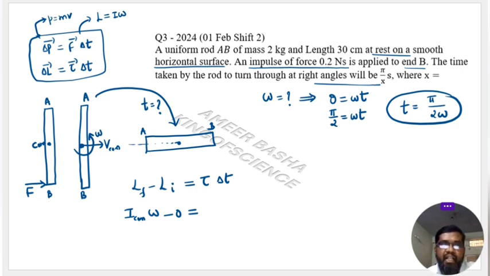The perpendicular distance from here to here is L by 2, if L is the length. So it is F into L by 2 into delta t. The moment of inertia of the rod is ML squared by 12, so ML squared by 12 into omega equals L by 2 into F into delta t.